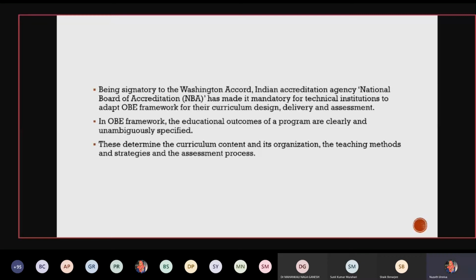When we talk about OBE, it is all about curriculum content and its organization. Curriculum content can't be designed by the affiliated institutions. It has to be done by the affiliating institutions, and the autonomous institutions also have the right to design their curriculum. Then OBE talks about teaching methods and strategies and the assessment process.